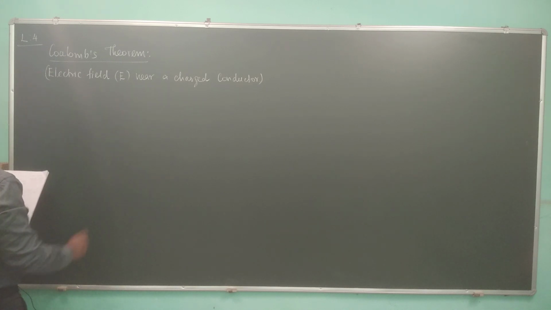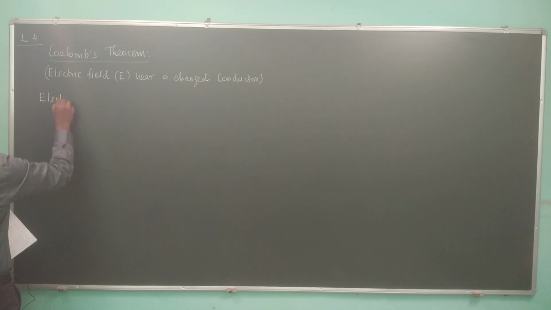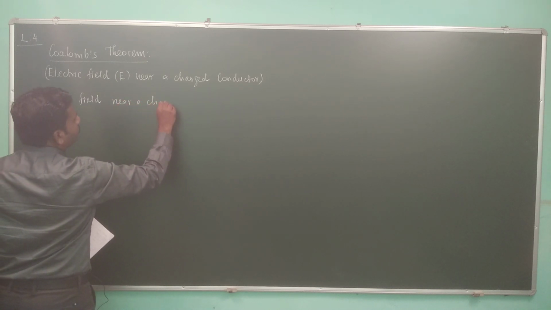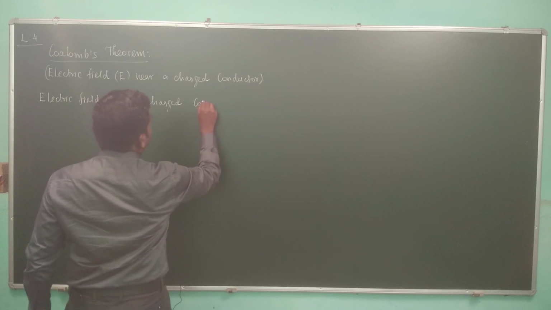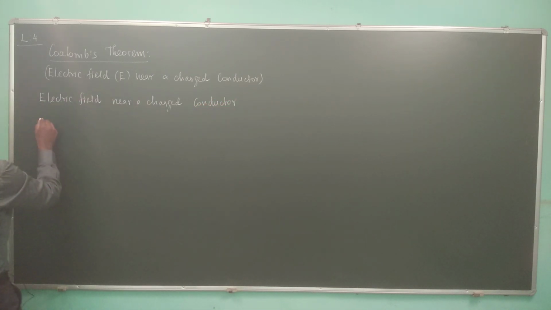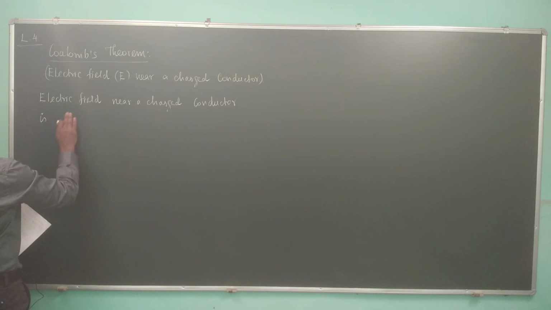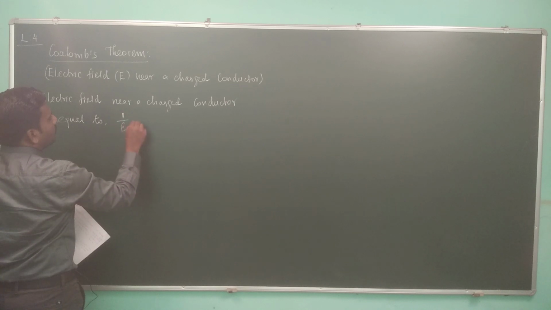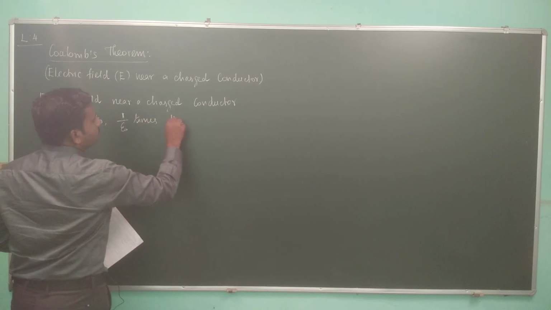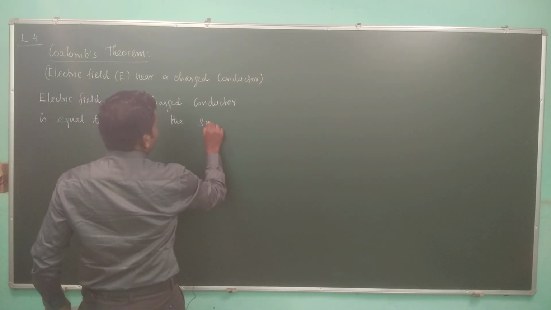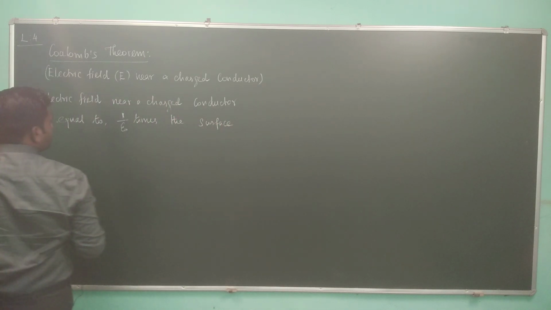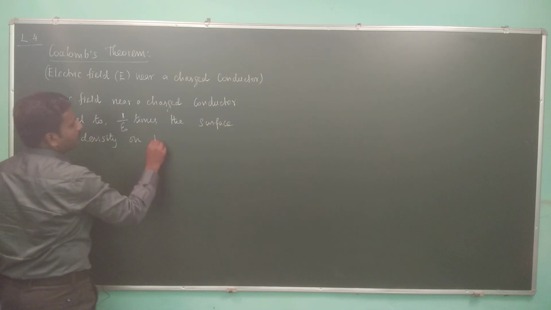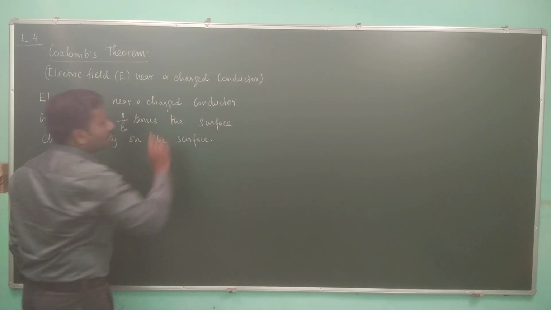According to Coulomb's theorem, the statement for electric field is: the electric field near a charged conductor is equal to 1 by epsilon naught times the surface charge density on the surface.